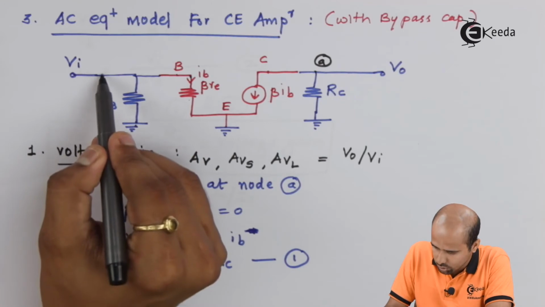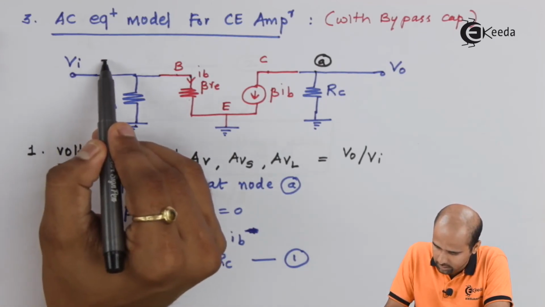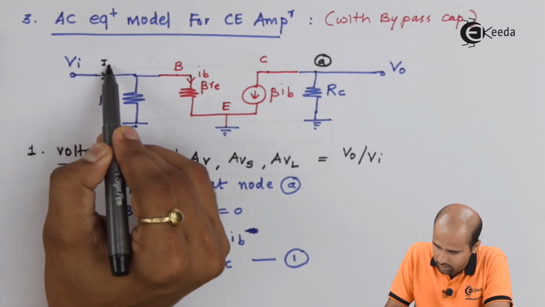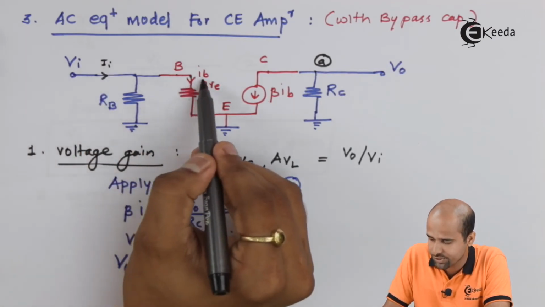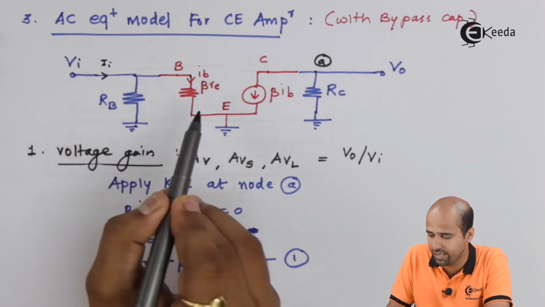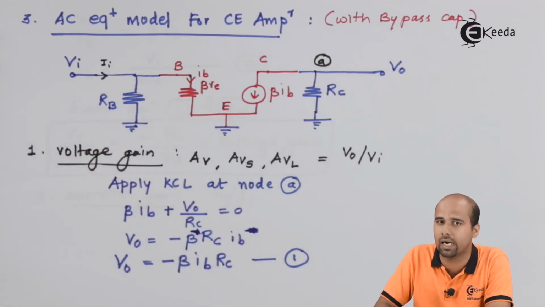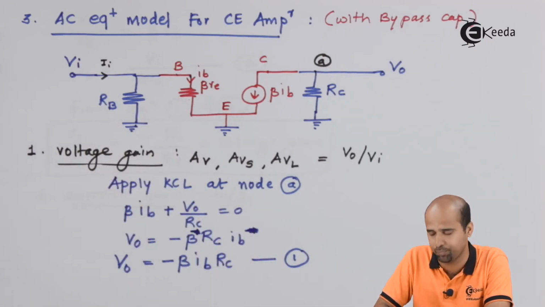So a small change will have to make that. This is your II and this is your IB. So II is divided itself into RB and beta RE current.